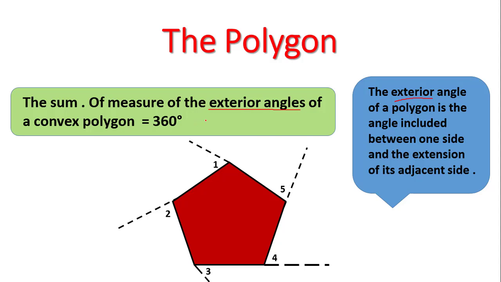So we have a rule to calculate the summation of measure of interior angles of a polygon, which is n minus 2, then multiply the result by 180, where n is the number of sides. The summation of measure of the exterior angles of any polygon is 360.